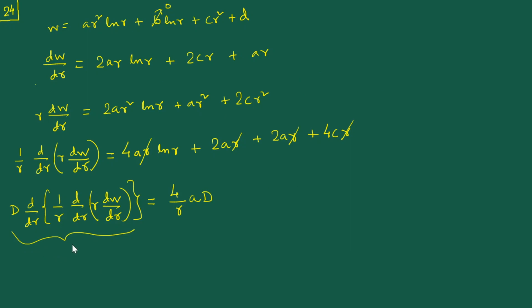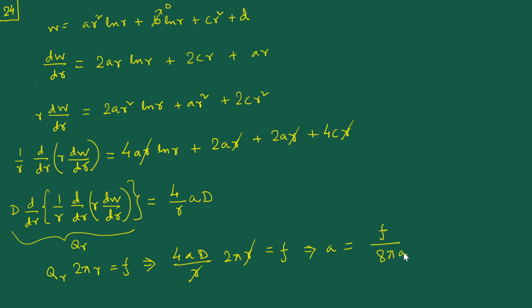So this entire thing is the Q_r, and the condition that I need to impose here is Q_r twice by r, that is equal to F. So this gives me 4AD by r twice by r, that should be equal to F. And this is very good that this r and r cancels, and that gives me the expression for this unknown constant A as F by 8 pi A. Oh, sorry, 8 pi D. All right.